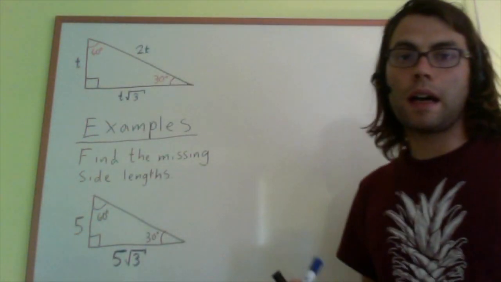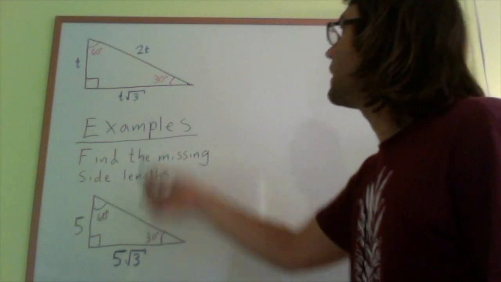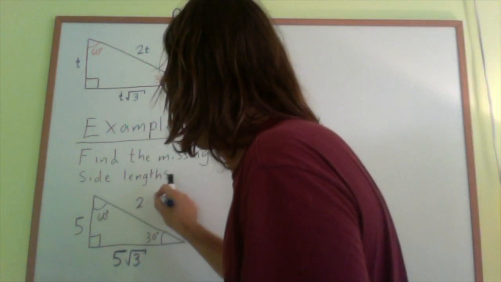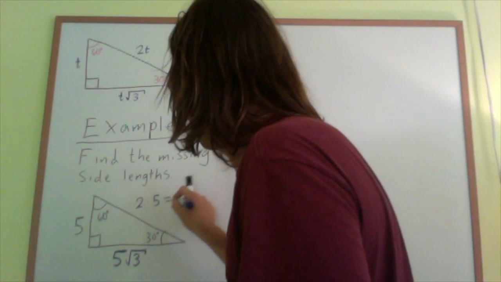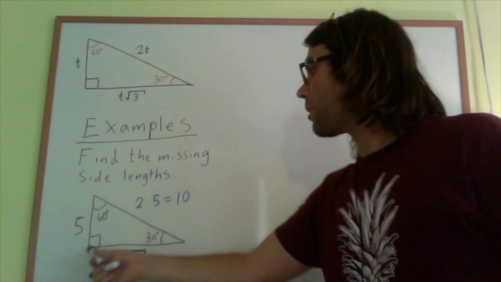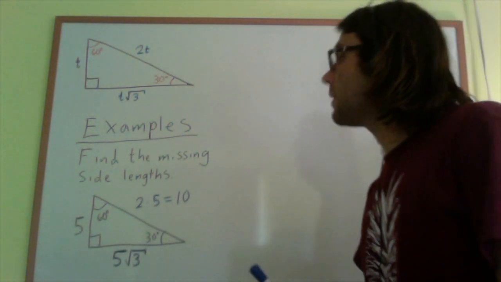And the side opposite 90, which is the hypotenuse, is going to be 2 times 5, which of course multiplies to 10. So the longer side length is 5 root 3, and the hypotenuse is length 10.